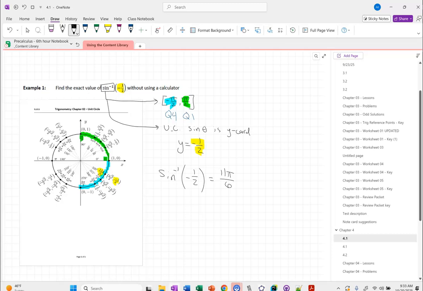Okay, we're almost done, but we have a little problem. What is that little problem? We're so close, but it's not quite there.